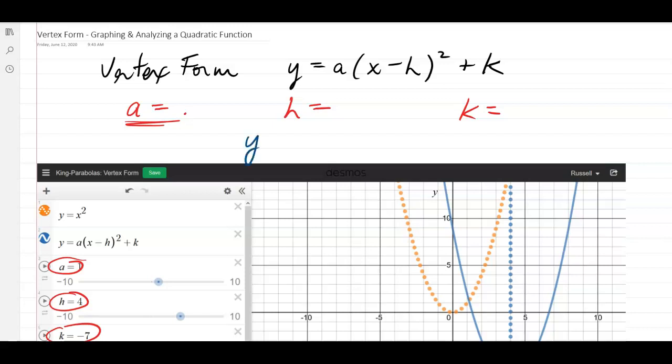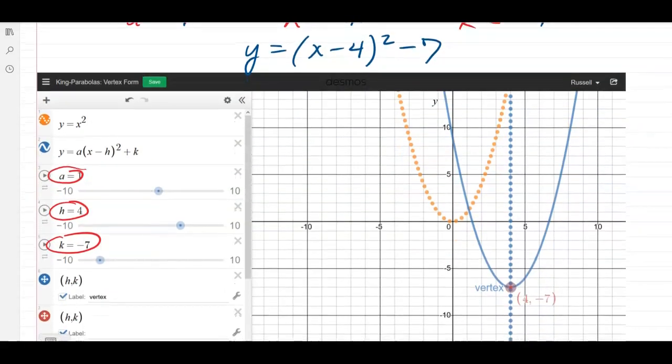It is y equals x minus 4 squared minus 7. Okay, so that means the h value, which is being subtracted by x, the h value is 4. The k value is -7. The a value is 1 here. And the graph that results is this blue graph right over here.